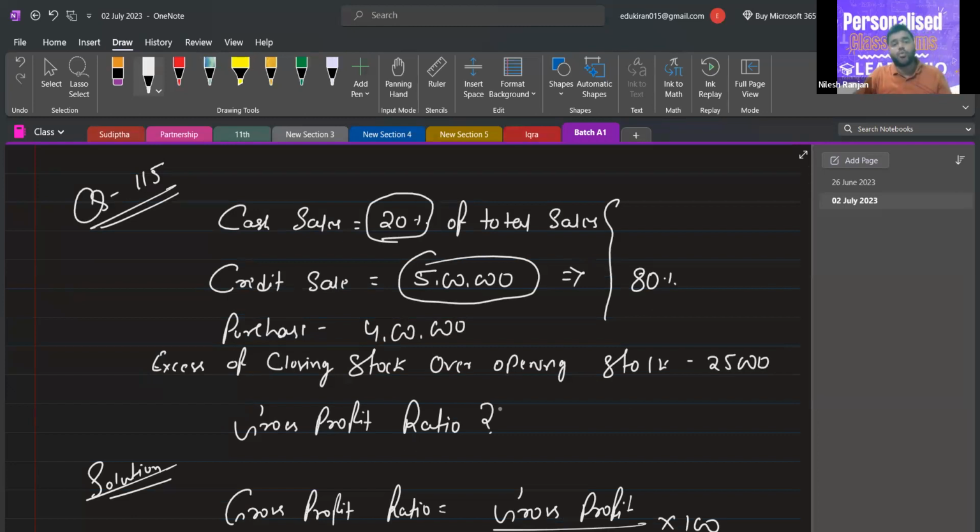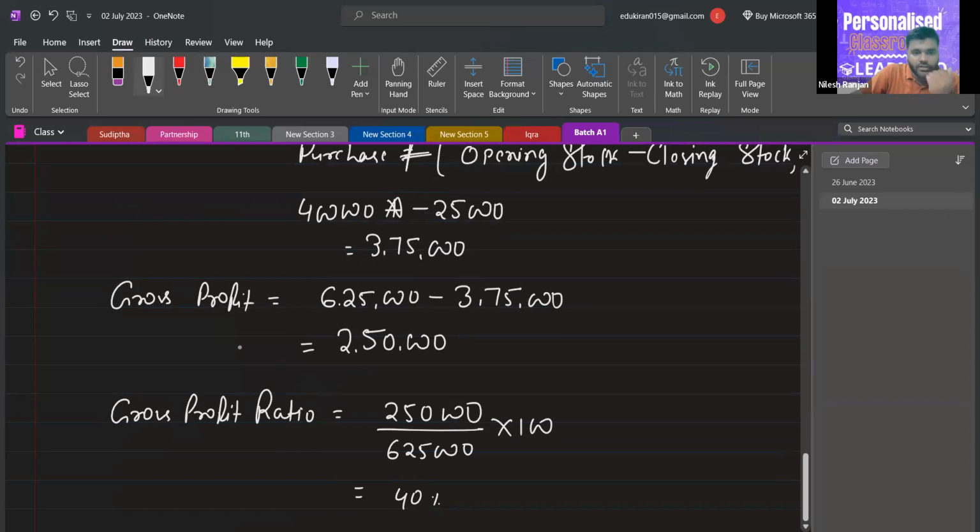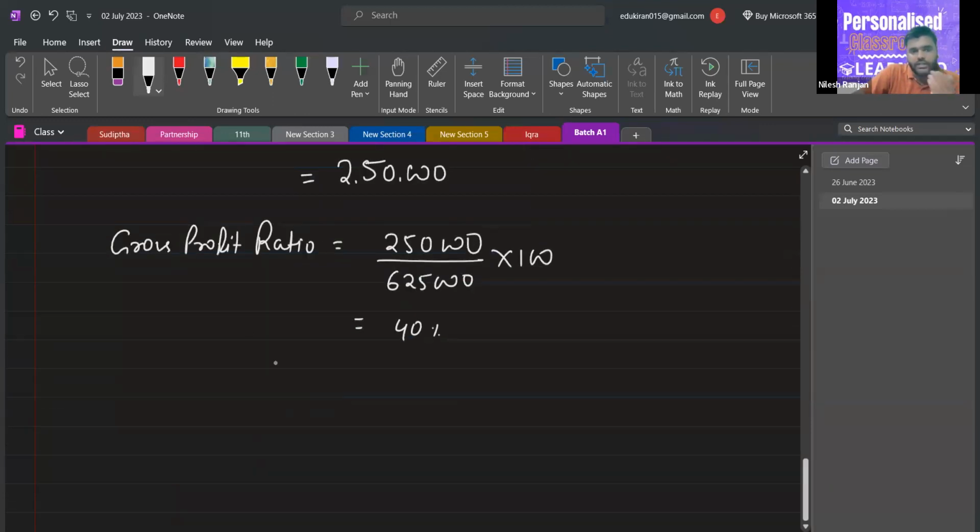But if the question tells you excess of opening stock over closing stock, then you will add this amount. But here it is deducted. So 3,75,000. Then we calculated our gross profit, 6,25,000 minus 3,75,000, which is 2,50,000, and then we calculated gross profit ratio, which is 40%. So I think this is clear now.